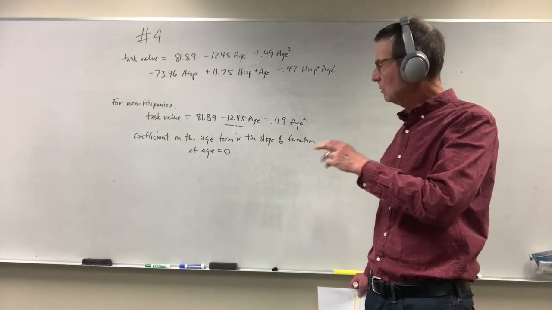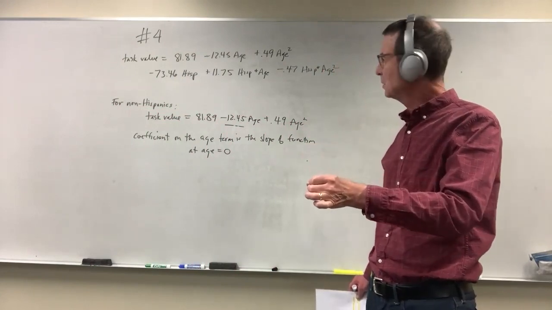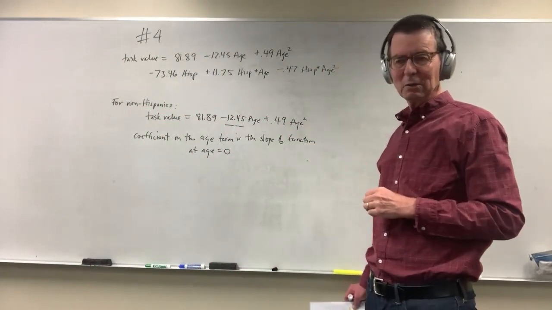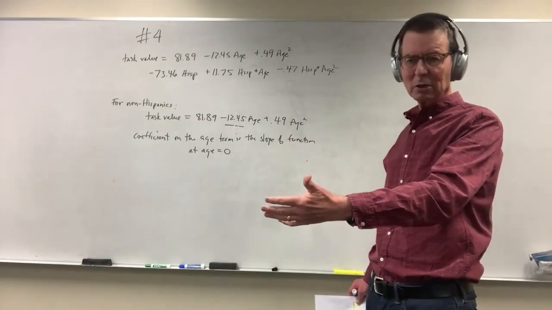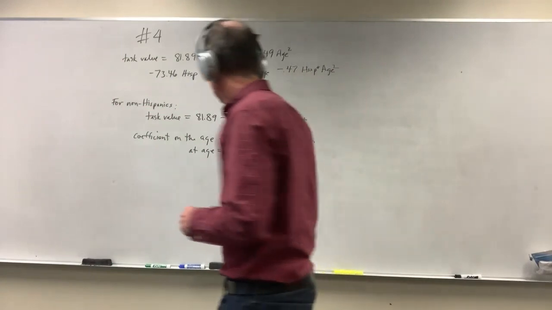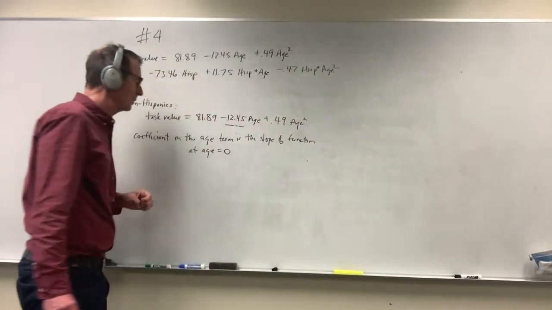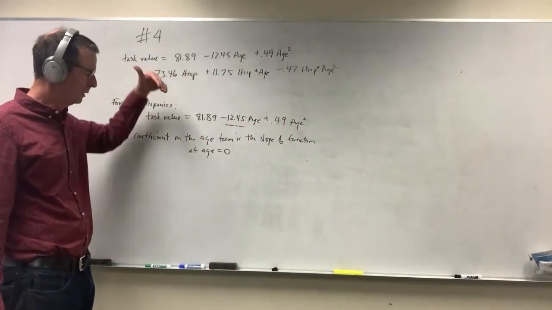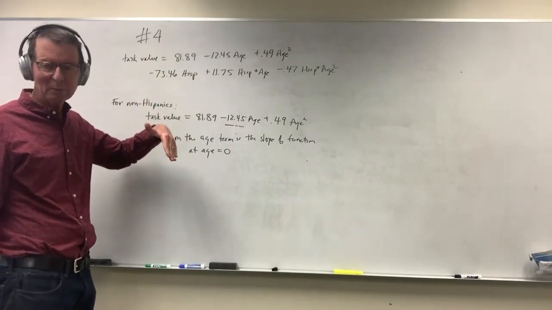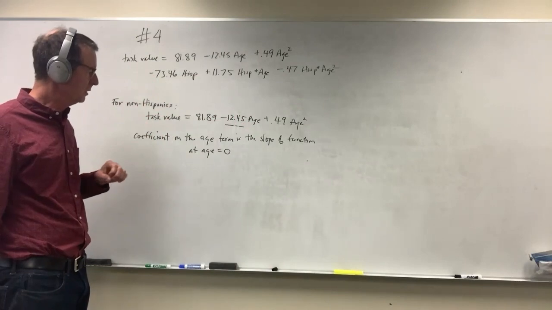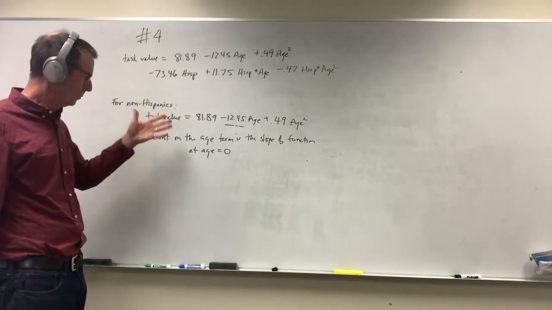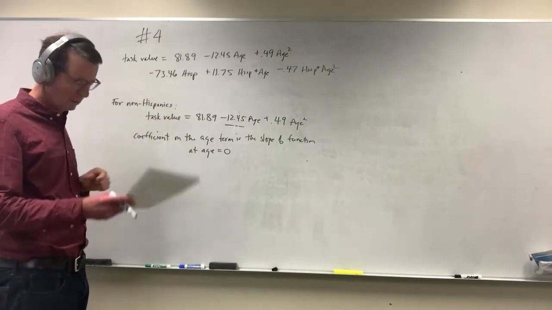But in this case, if age is going to run from 10 to 15 in the sample, this is projecting all the way back to 0 age. So this minus 12.45 coefficient tells you how much the slope is changing at 0 years of age. So that was the answer to that.